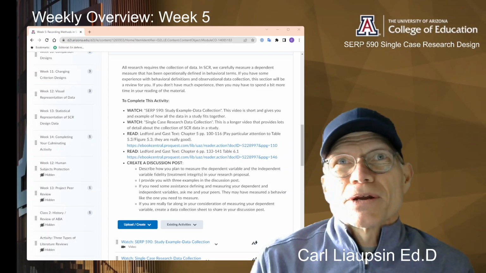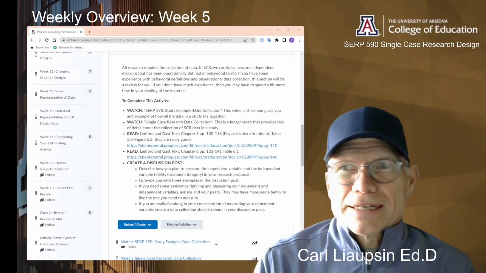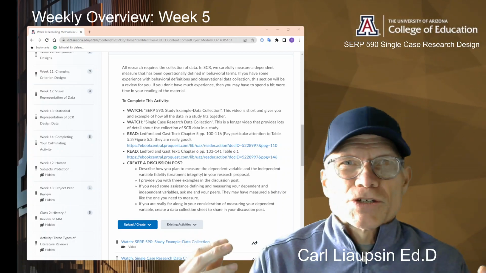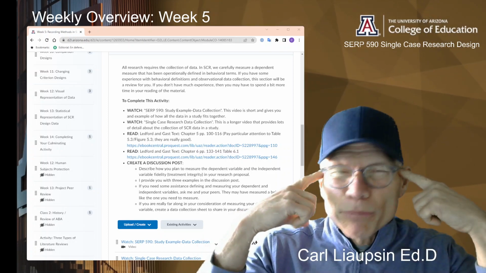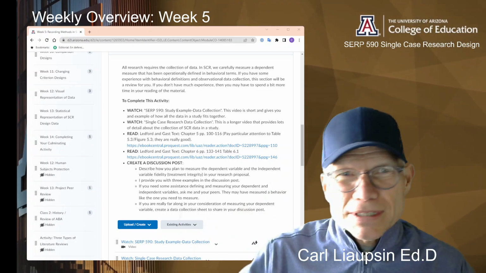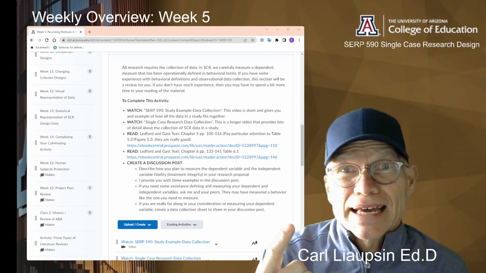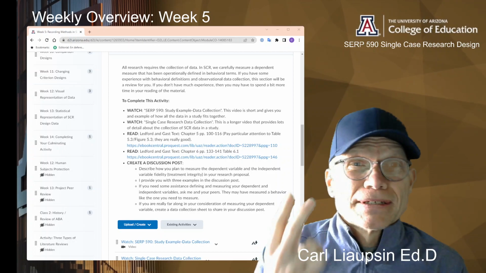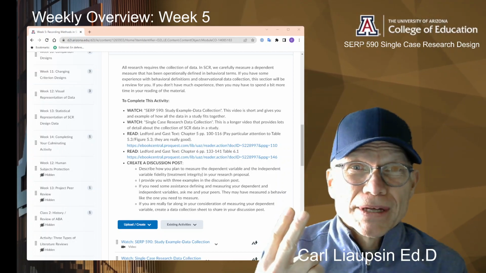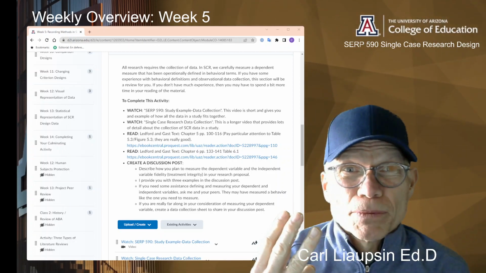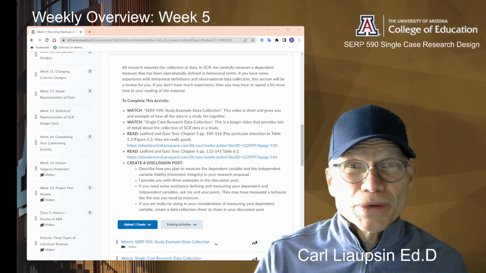The thing about doing a proposal for a study is that you have to start thinking in practical terms. If you're sitting out there in the world trying to get this data, this social validity data, this data on the dependent variable, the data on the independent variable, exactly how are you going to do it?